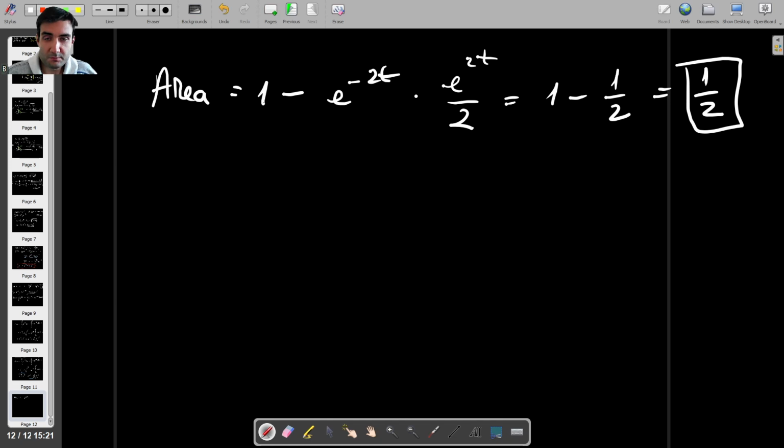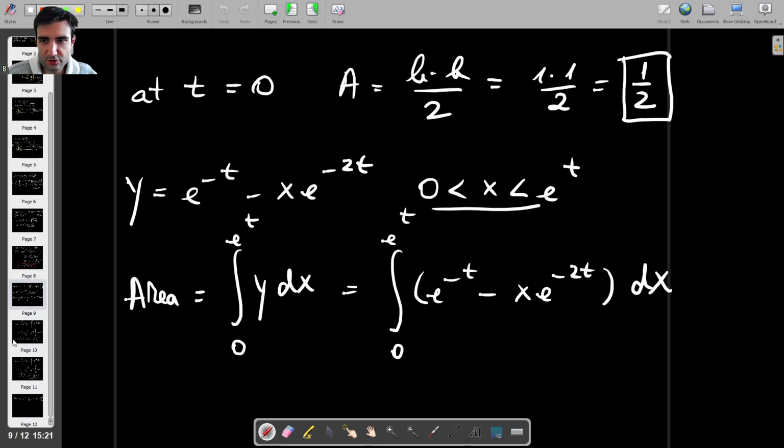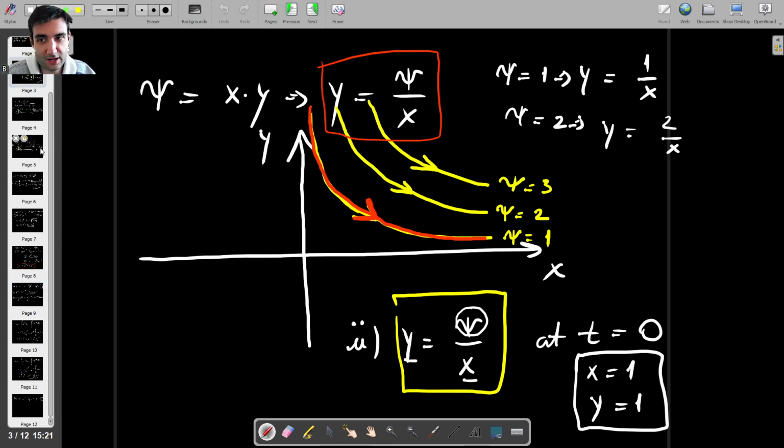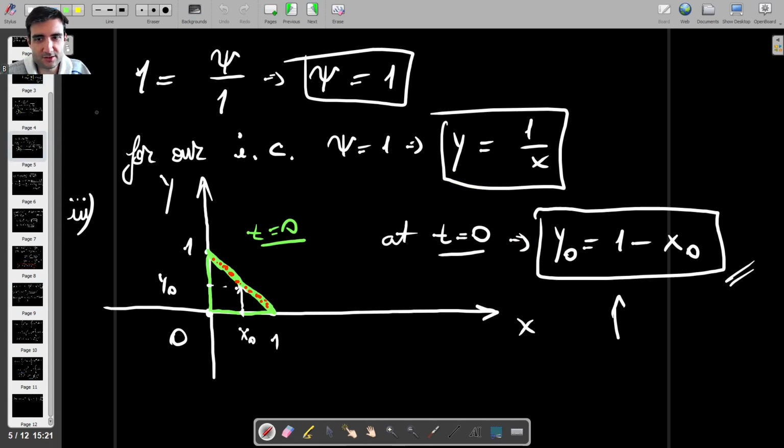So that's it. That means that although the shape of those lines will change with time, they change such that the total area captured from here to here will always be the same as the area that we started from, which is 1/2, which is an interesting result.